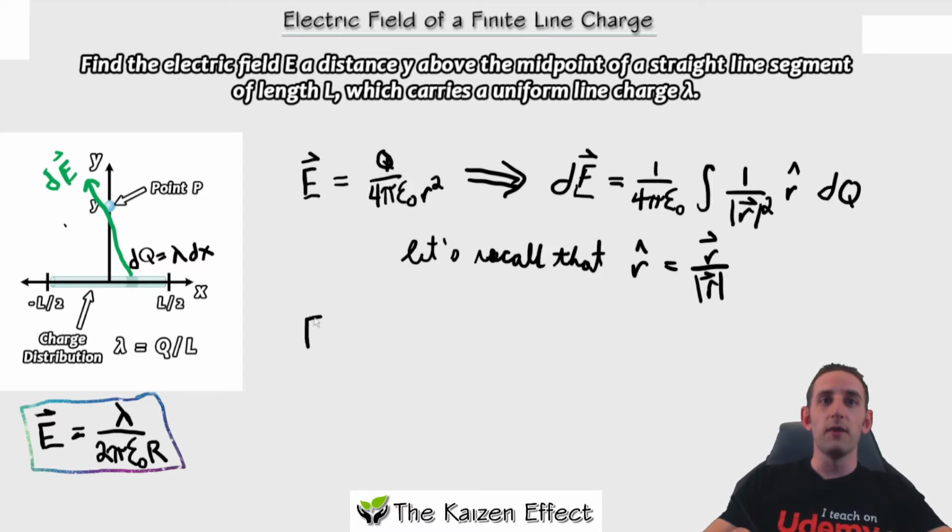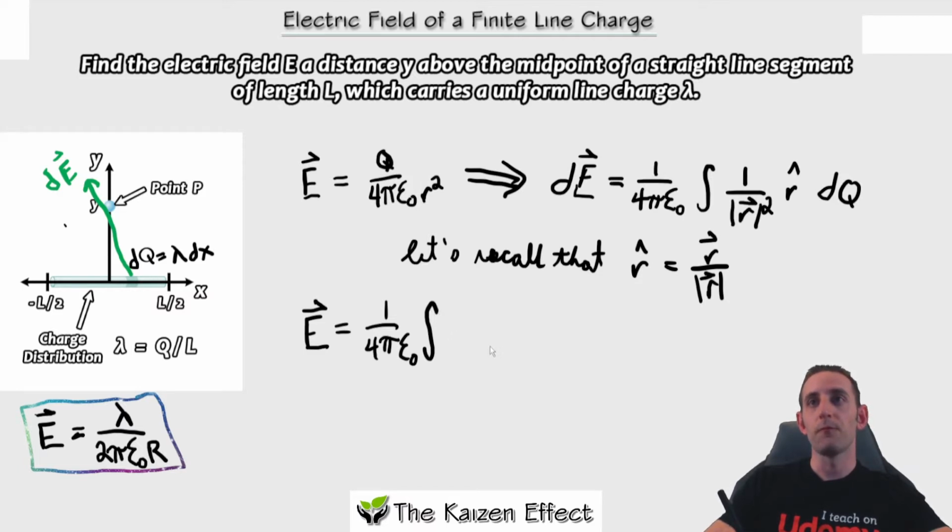our electric field of the finite line charge is no different than 1 over 4 pi epsilon naught times the integral of lambda. So I'm making this substitution right here for dq.